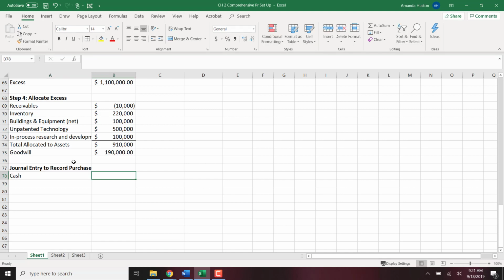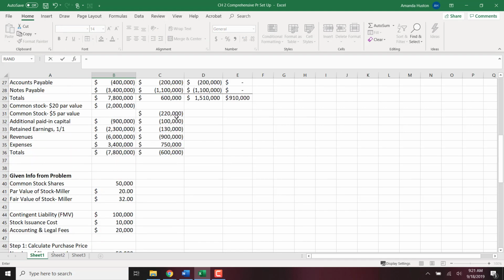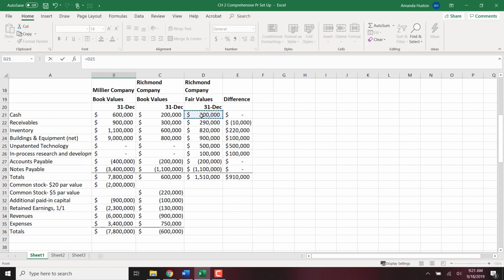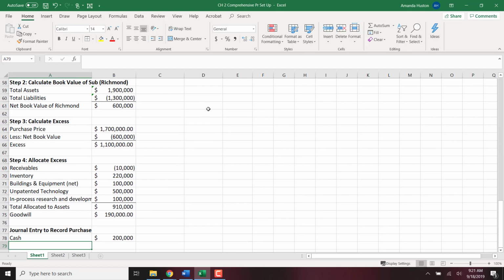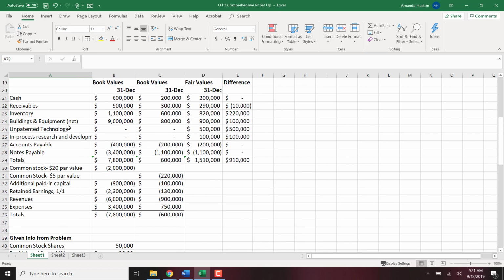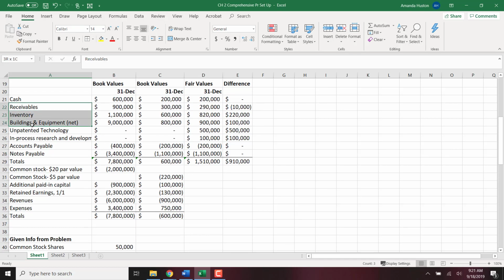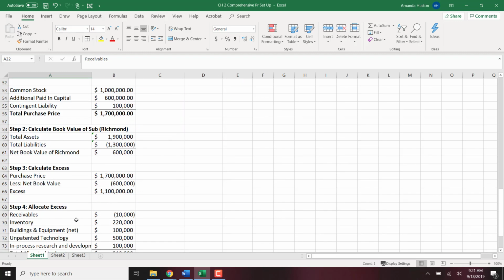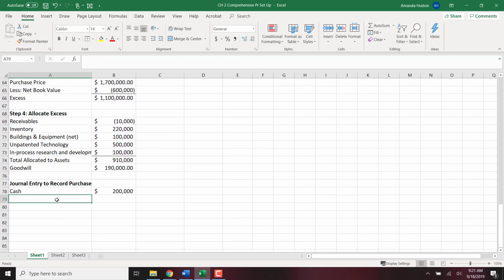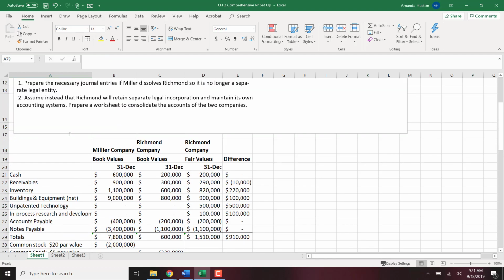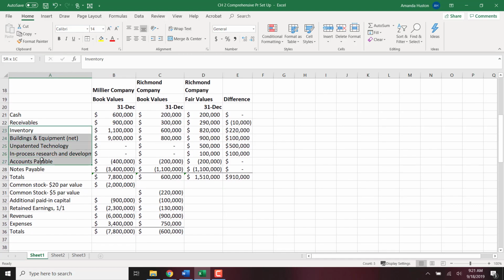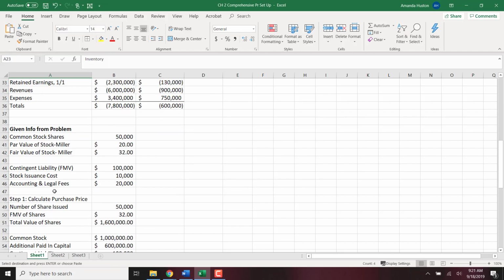So we're going to take cash, and we're taking fair values. Cash. I'm going to copy to save myself time, right? Apparently I'm not good at copying and pasting. I'm just copying all the assets for now.